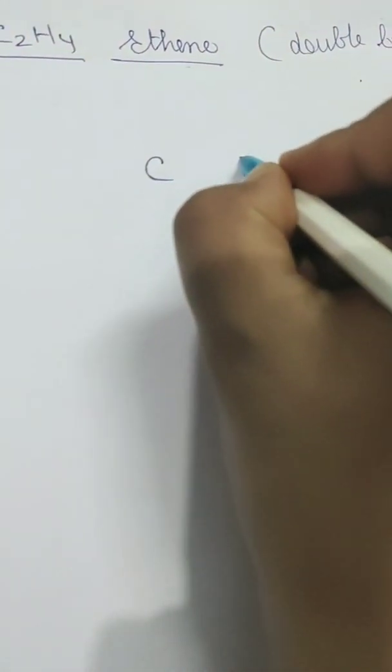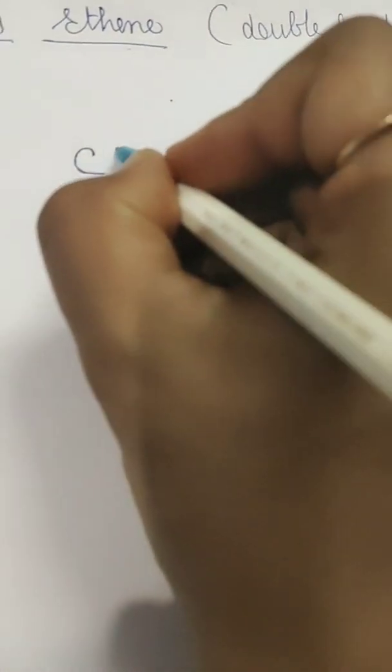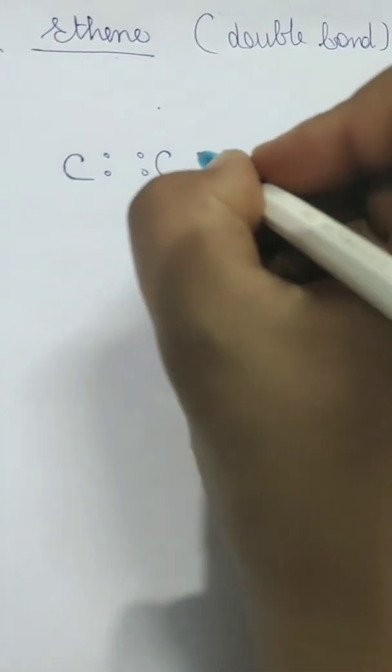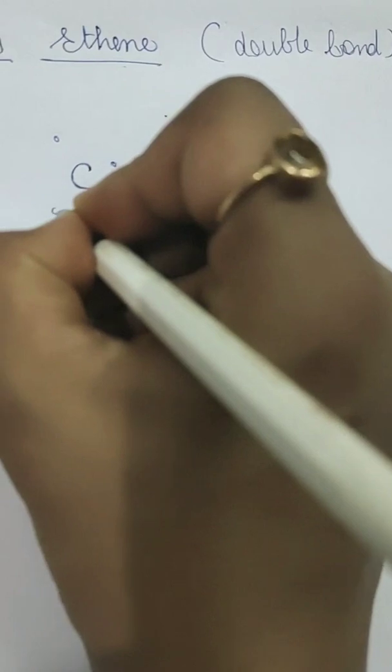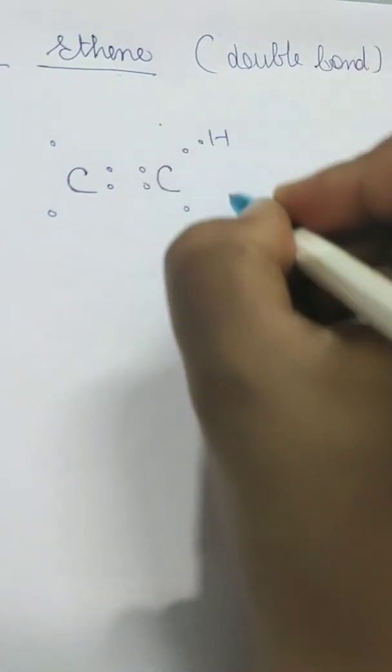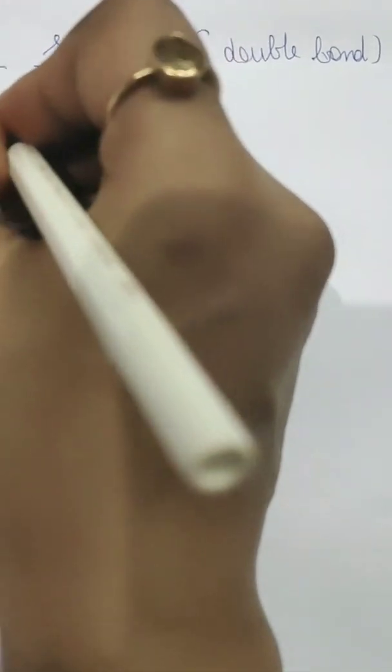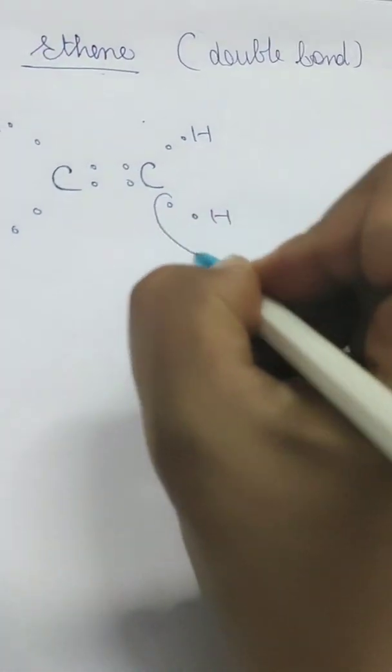So there are 2 carbons, and these 2 carbons already share 2 electrons with one another, and the remaining 2 electrons are being shared by the hydrogen. So 4 hydrogen will be sharing their electrons. This is how it will be formed.